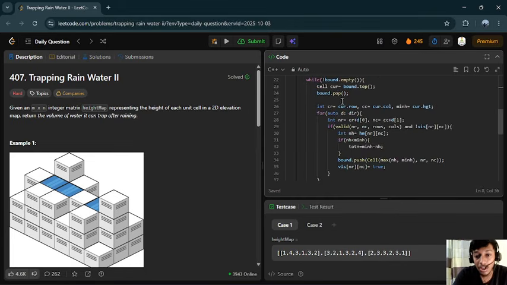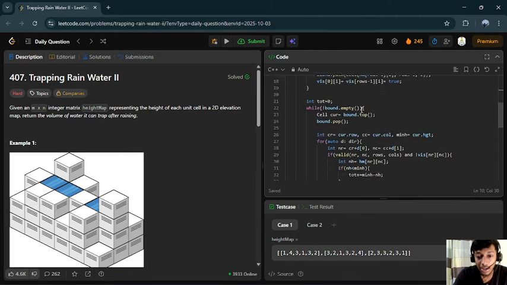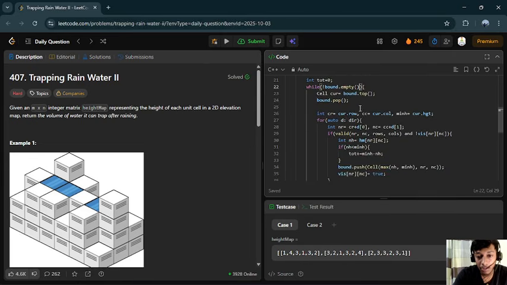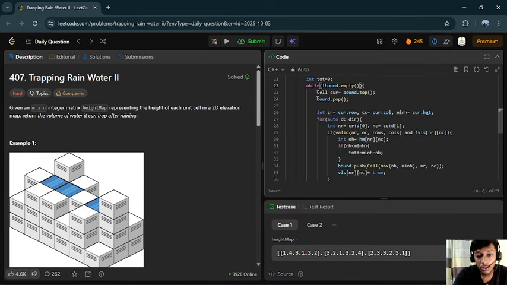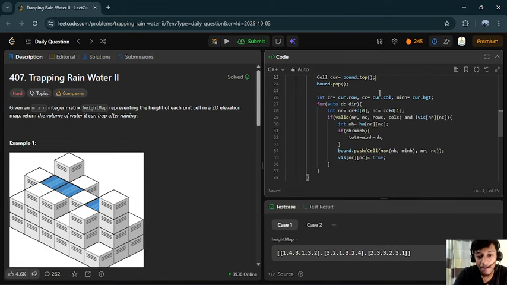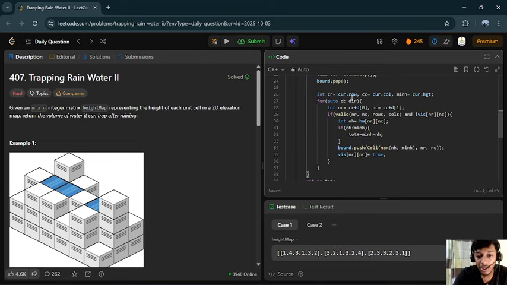We are going to perform this operation until the priority queue is empty. Step by step we are going to pop the topmost cell, where cr is the current row, cc is the current column, and minHeight is the current height.